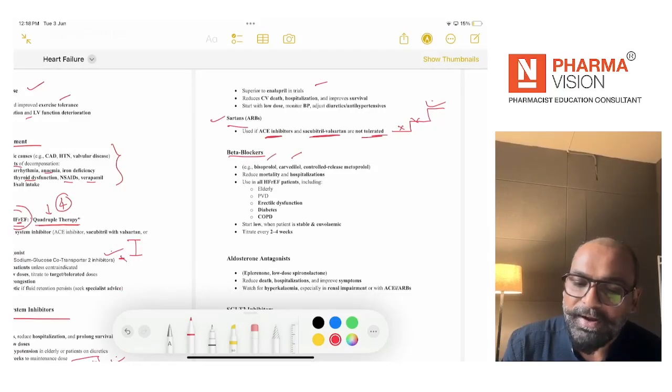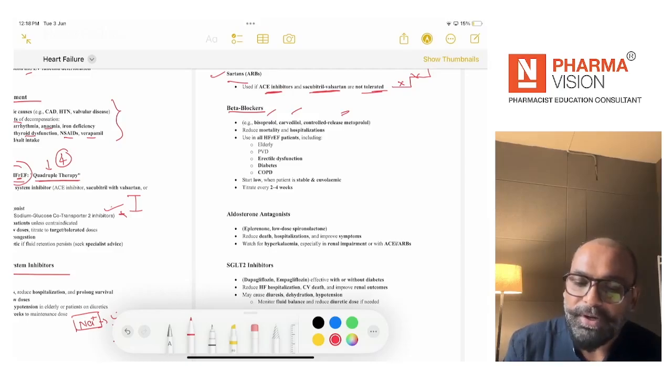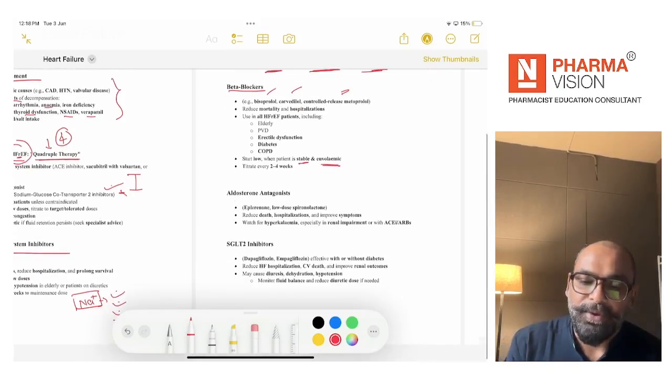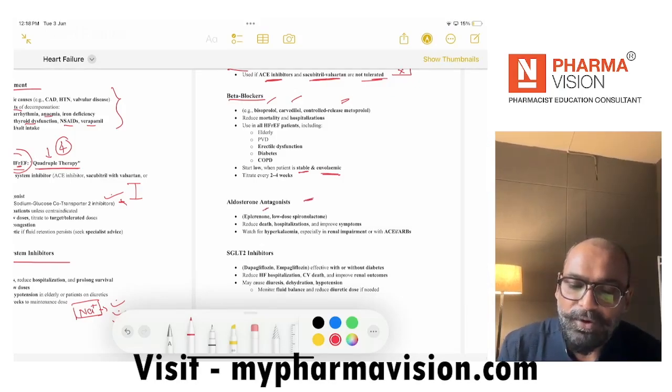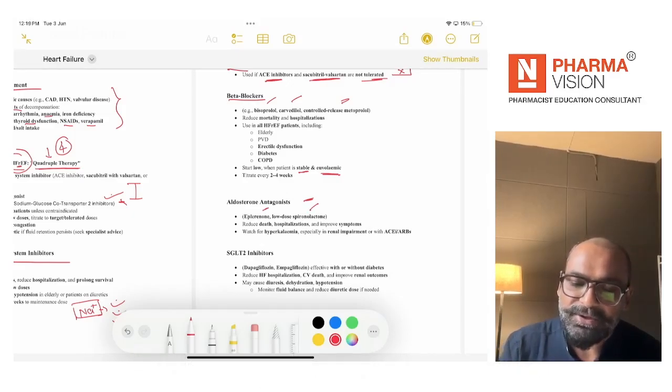Beta blockers, what beta blockers are used? Bisoprolol, carvedilol and controlled-release metoprolol. Okay, the second important thing is the condition for using a beta blocker: the patient should be stable and euvolemic. That means the cardiovascular function and the pressure are normalized, then only can we use beta blockers. Okay, aldosterone antagonists. Eplerenone is more specific compared to spironolactone, but both eplerenone and spironolactone are used.